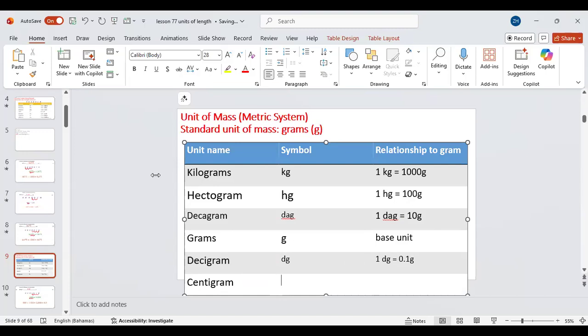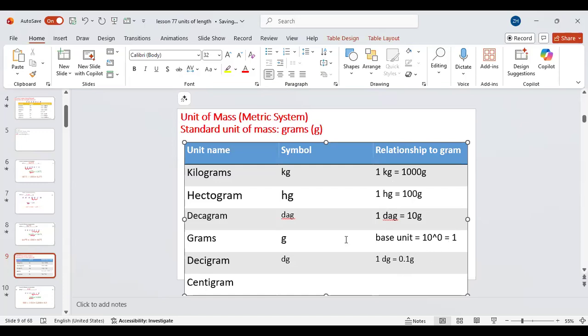What does base unit mean? The base unit is the unit that, if you look at it, you see how this is 10, this is 100, this is 1,000. This is actually 10 to the power of 0, which is 1. That's what we mean by the base unit. It's the unit we use to show the relationship with all of the rest of them.